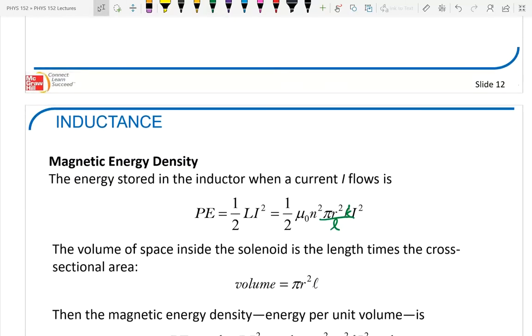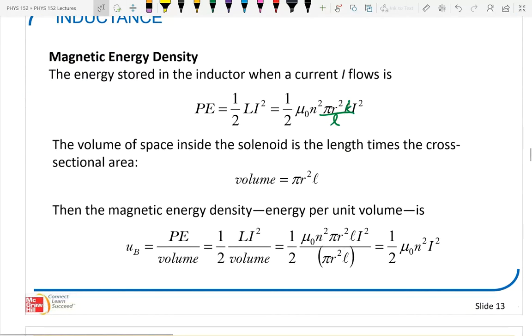So that means that the potential energy 1/2 inductance times current squared is going to be 1/2, put in the value for inductance, times current squared. The volume of the inductor is area of a circle, pi r squared, times the length.